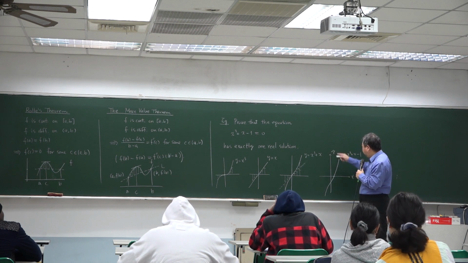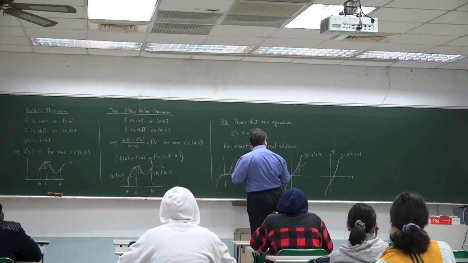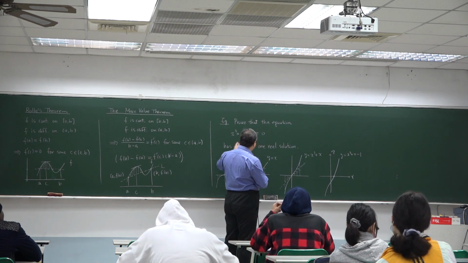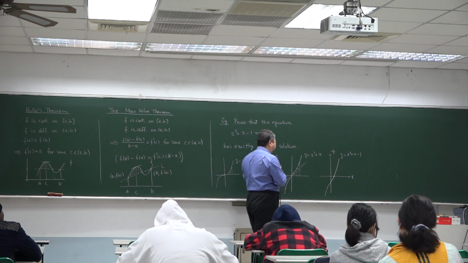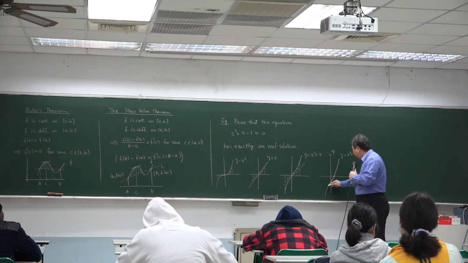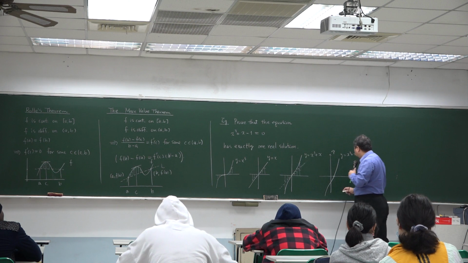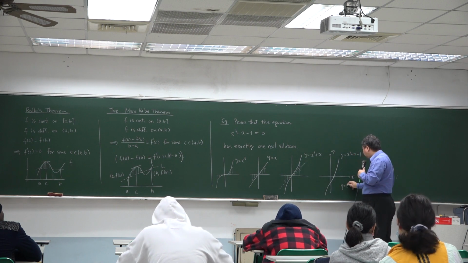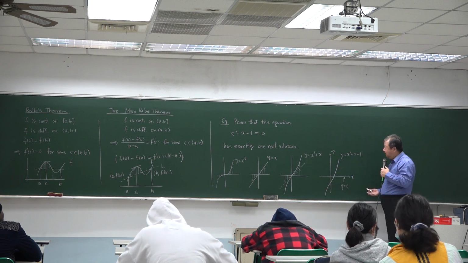This means this equation has exactly one real solution. Because y equals x cubed plus x minus 1 has this curve as its graph, and y equals 0 has the x-axis as its graph.